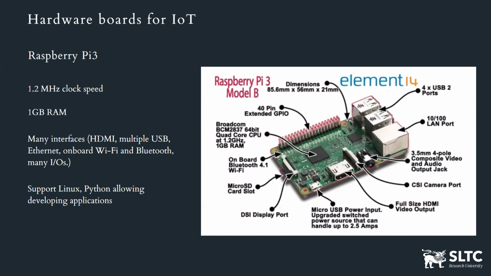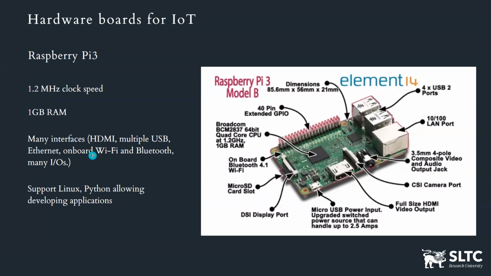Whenever there's a lot of processing to do and data storage, Raspberry Pi is a good option for such applications. Also, it has a very high clock speed of about 1.2 megahertz, and that speed is sufficient to achieve the necessary data rates.